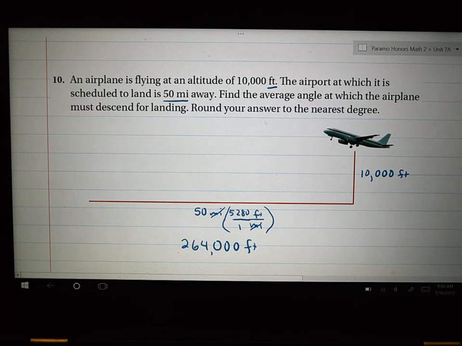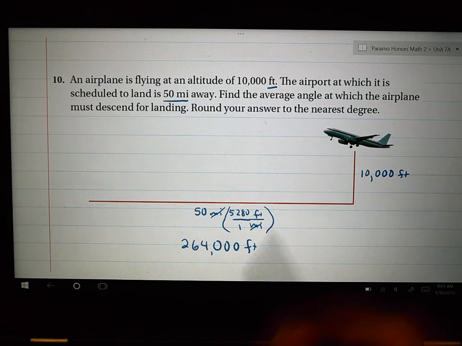It's 264,000 feet away. You could convert this into miles if you wanted to. As long as you're in the same units, then you'll be able to set up your triangles.